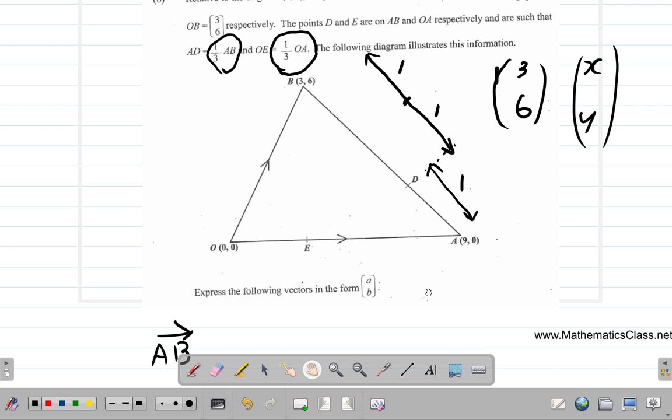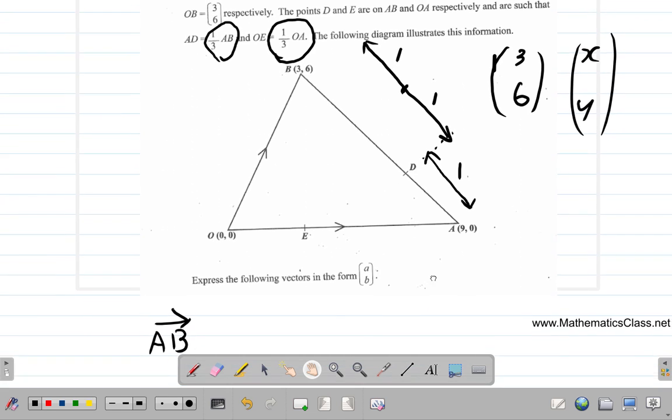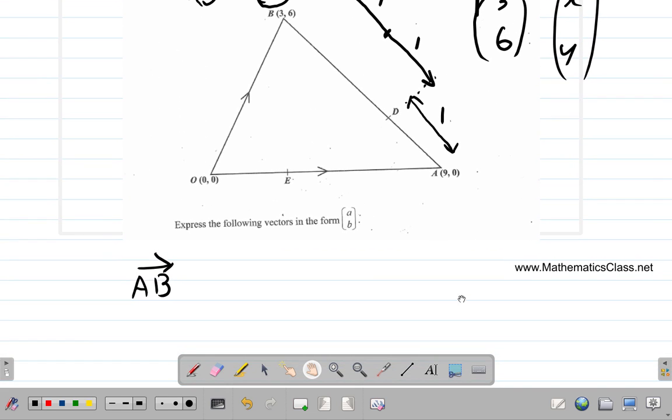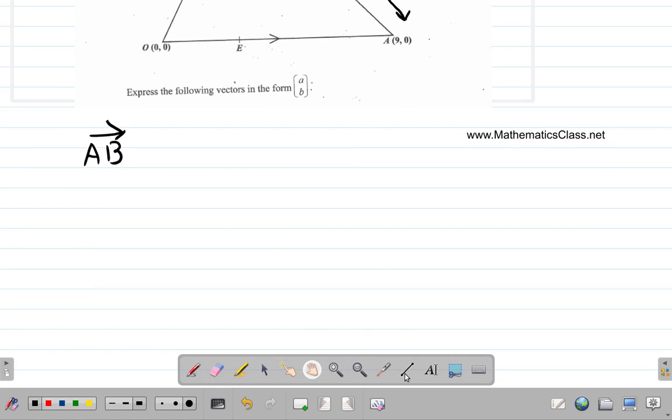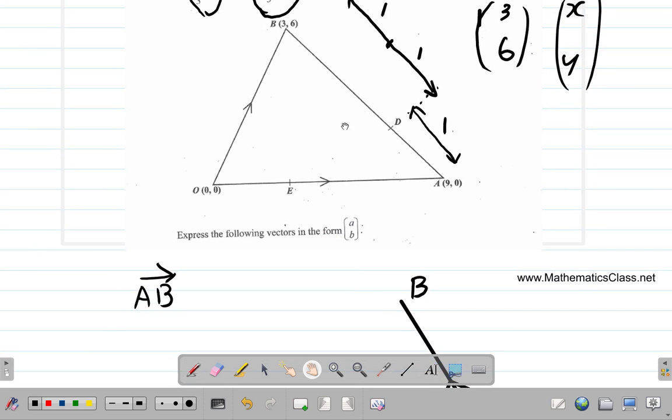Now, what we could say here, since AB would be the resultant of 2 other vectors. We have A here and B here. It is the same diagram I'm copying. You go from A to O. Remember, O to A is (9, 0).